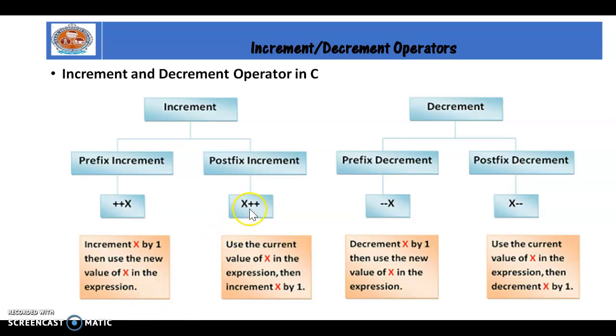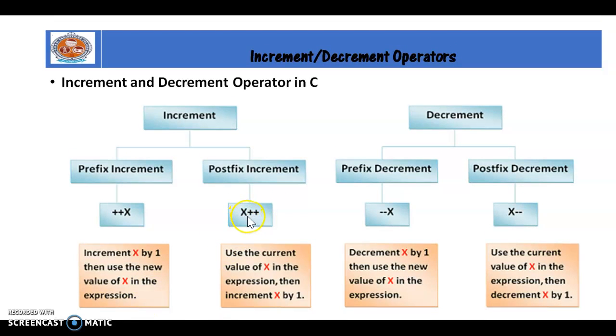So here, post-incrementation. What do we do in post-incrementation? First the original x value will be used in the expression and then it will perform the incrementation. This is the difference between pre-incrementation and post-incrementation. Then there are pre-decrementation and post-decrementation.